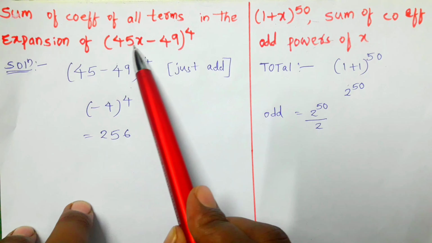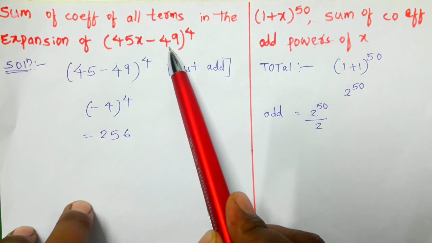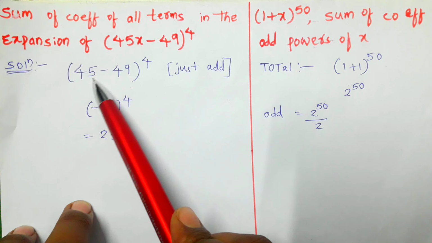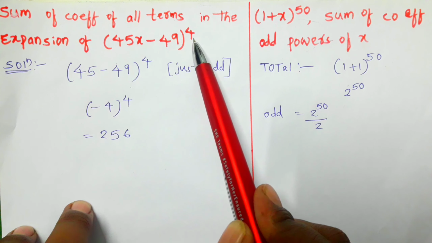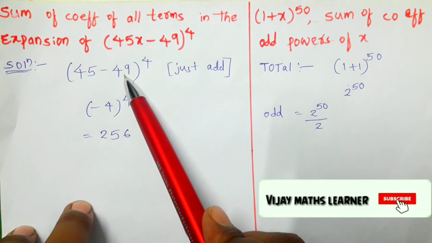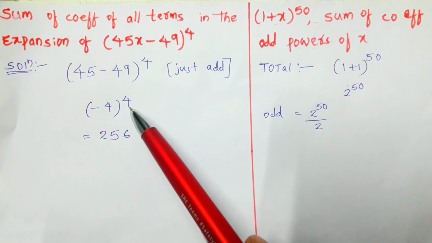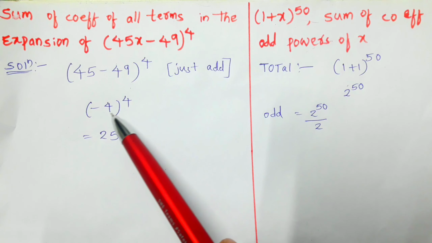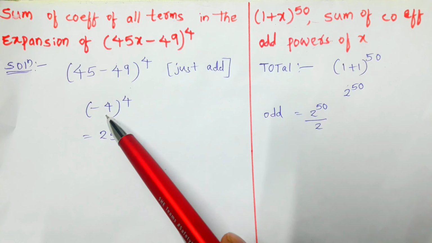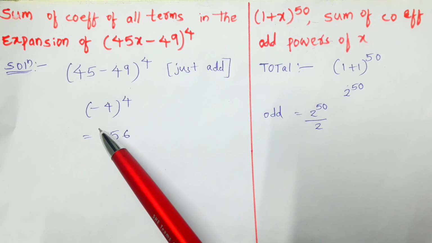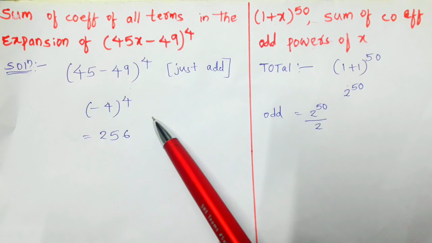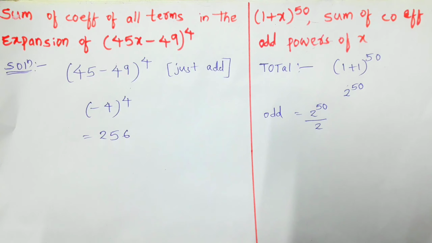Here what are the coefficients? 45 and 49. Here what do we do? Just add the numbers. (45 - 49)^4. So (-4)^4. The value becomes positive, the value is 256. Okay.